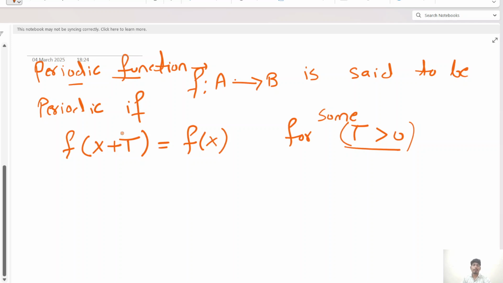Okay, this is our condition of a periodic function.